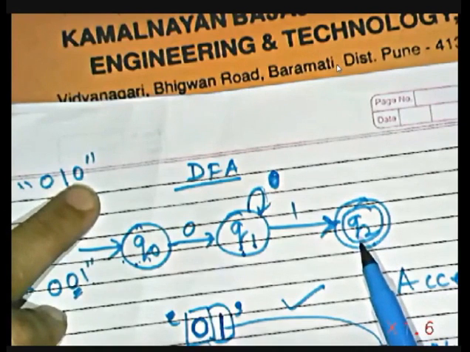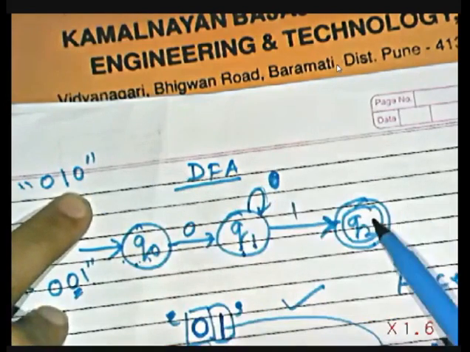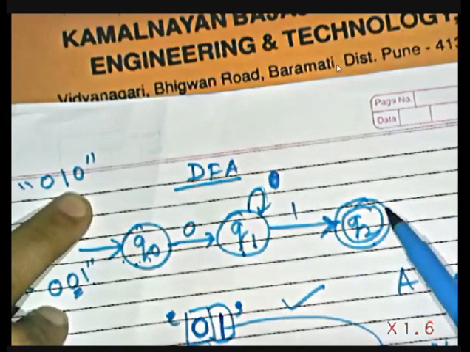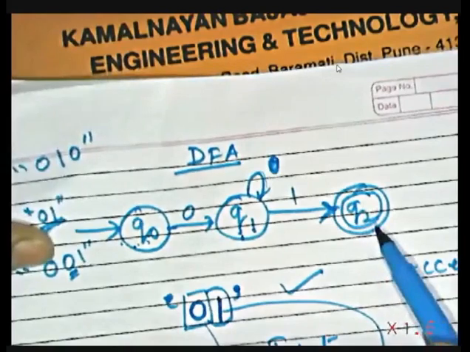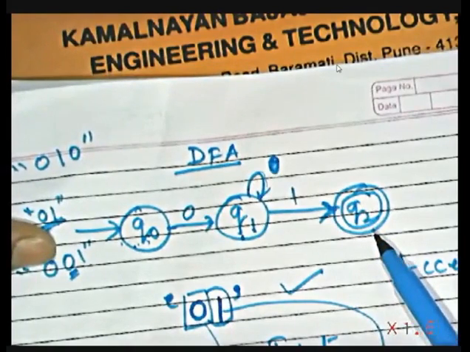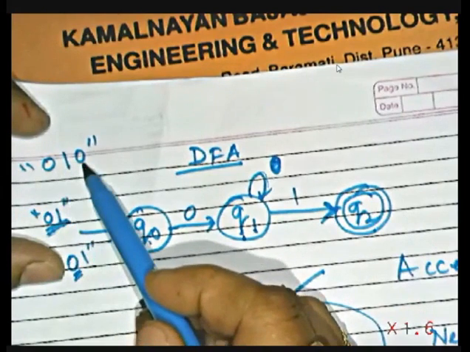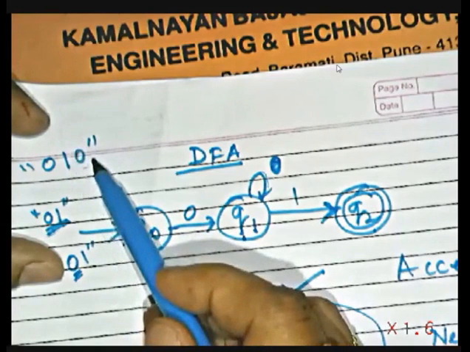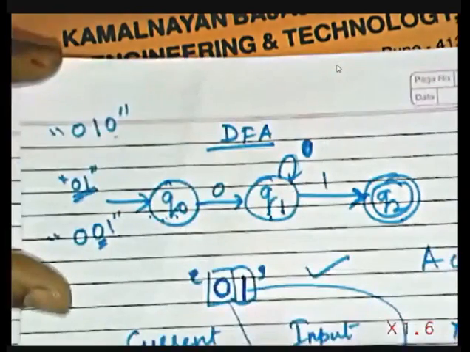Since you have not completed reading your total string, there is no path available after Q2 where to go on Q2 if 0 input is coming. Nowhere, nothing is shown in this diagram, no transitions are there. So you are stuck after reading only 2 symbols in the given string. Still you are remaining with reading this 0. So you will say clearly that this particular string is not acceptable.